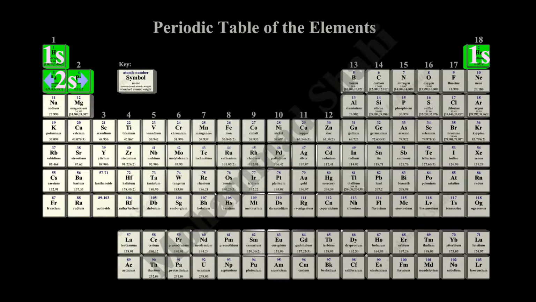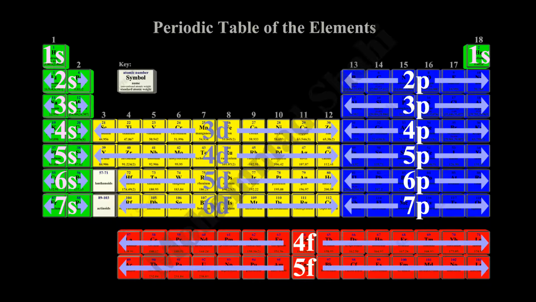Similarly, the element sodium, located at the beginning of the third period, is the first element at which the third shell receives electron, and this is accompanied by end of the period 2 and start of the period 3. This pattern is also obeyed by the following periods.